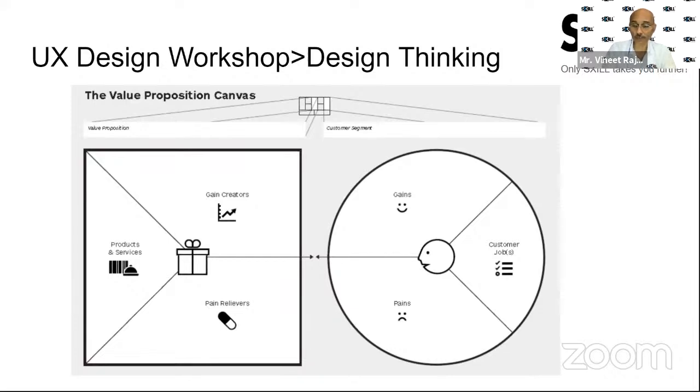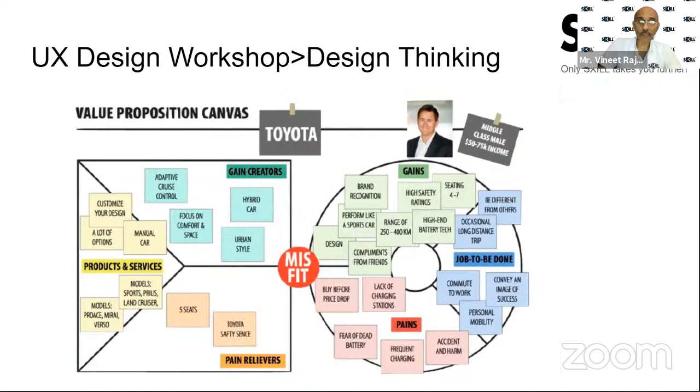Now this one will be about cars. This is a probable customer from the US, of course. He's got a dollar income. He has certain jobs, like he wants to commute to work. That is his main agenda. Then personal mobility is also important, that otherwise also he's able to go to different places.